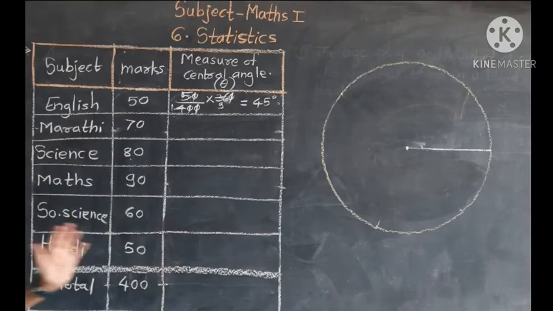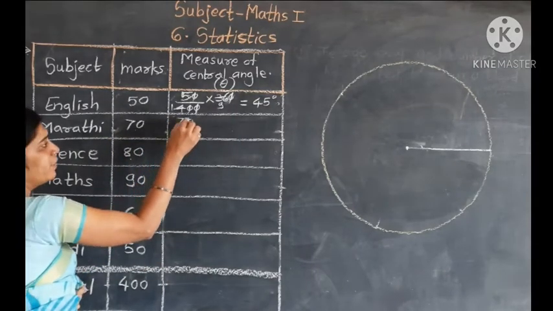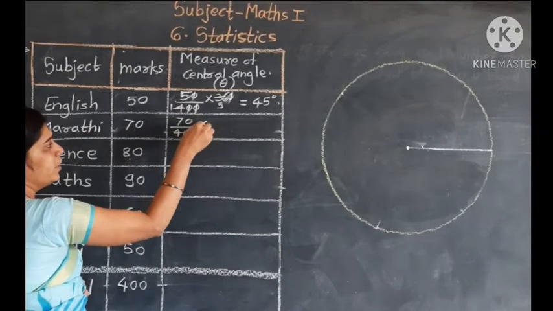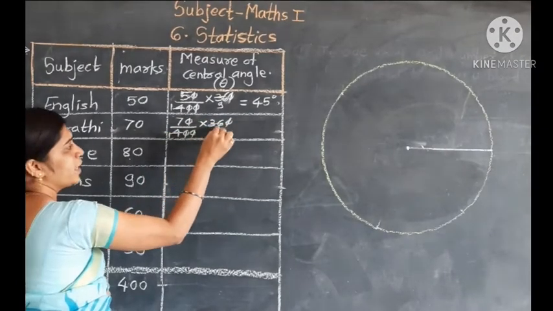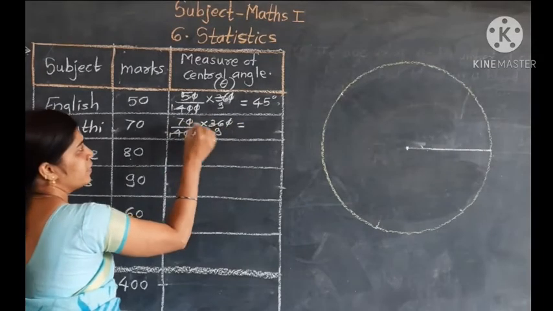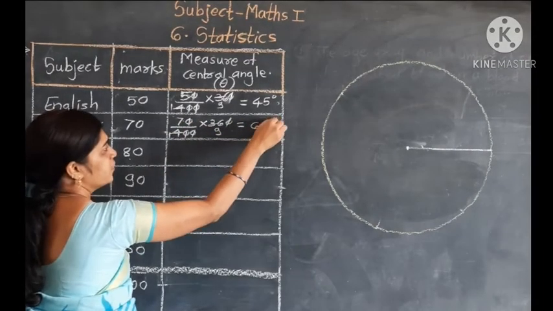Similarly, calculate all these central angles. 70 divided by 400 into 360. 4 ones are 4, 4 nines are 36. 7 into 9, 63.